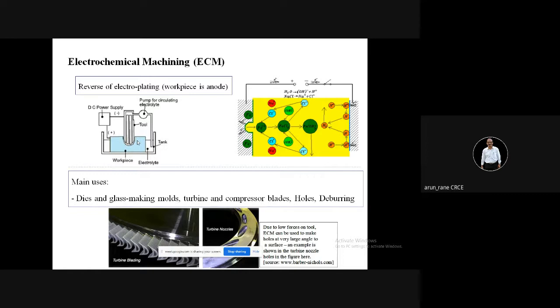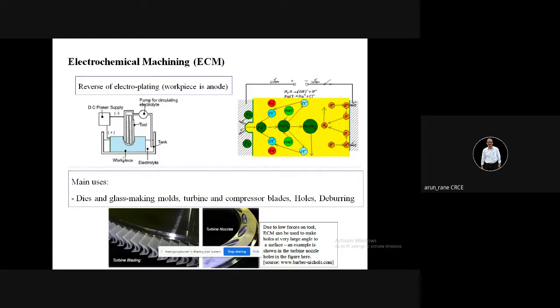So its main uses are in dies, in glass making molds, for turbine and compressor blades, and it is also used for deburring applications.